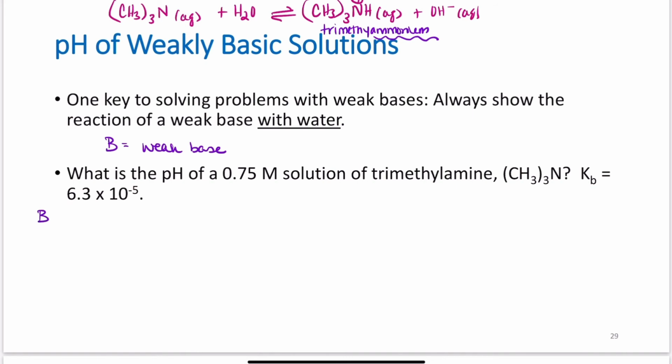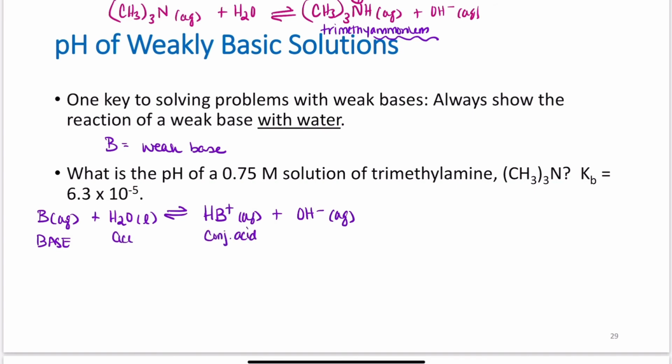I'm going to say my base, in this case, the trimethylamine, is going to react with water to form HB plus and OH minus. This is my base, my conjugate acid. Water, in this case, acts as an acid, and this is my conjugate base.